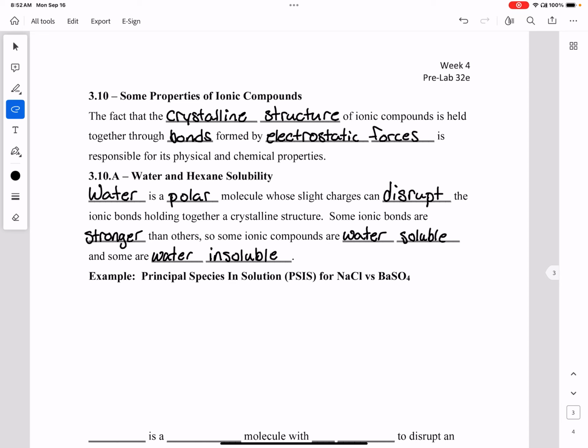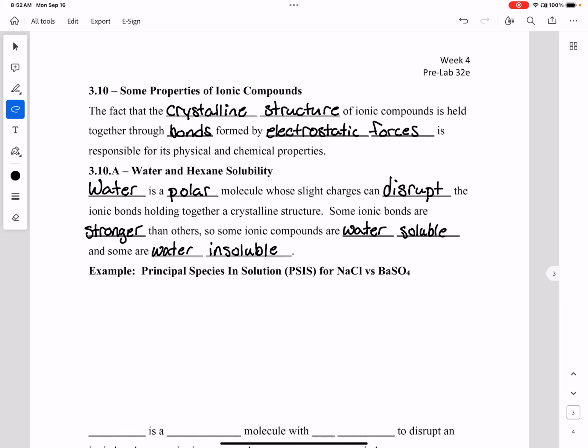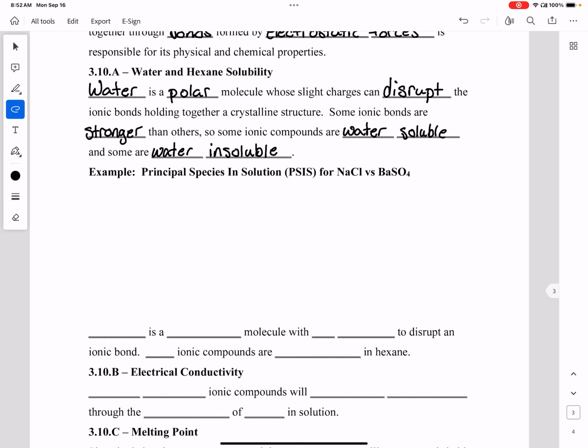Okay. So let's look at an example of two different things. So we have sodium chloride, and this is a bad picture of a beaker. And we put that into water. Those ions are going to separate.